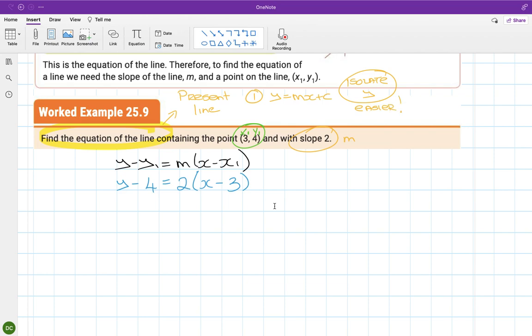Okay, the second way of presenting a line is ax plus by plus c equals 0. So that's where you take everything to the left, okay? And that is more work.